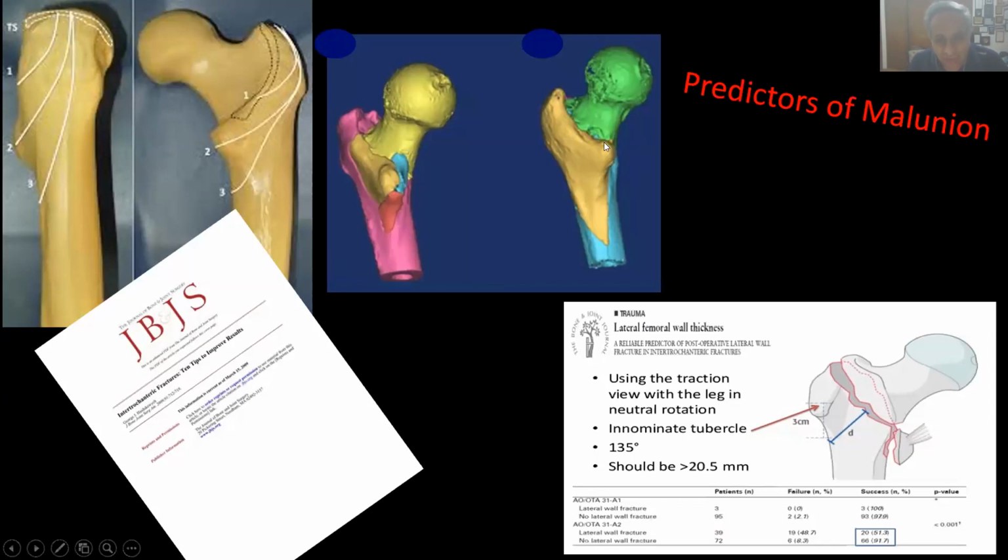So the size of the posteromedial fragment, the amount of comminution which is there. Another way to look at it is the thickness of the lateral wall. That's Gotfried's article, which I'm talking about. A good article to read would be the George Haidukewych article, I think from 2009, which looks at the 10 tips to improve the result.